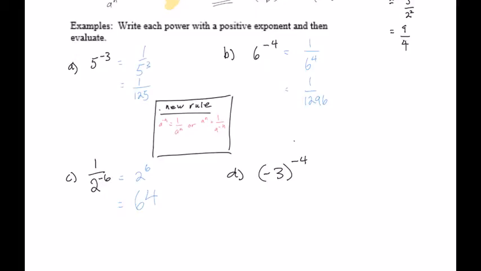And now, let's calculate this next one. We have negative 3 raised to the negative 4. So we're going to use our rule, and we're going to have 1 over negative 3 in brackets still, but now instead of having negative 4, we have positive 4. And now computing that bottom part, we leave it as 1 over 81.